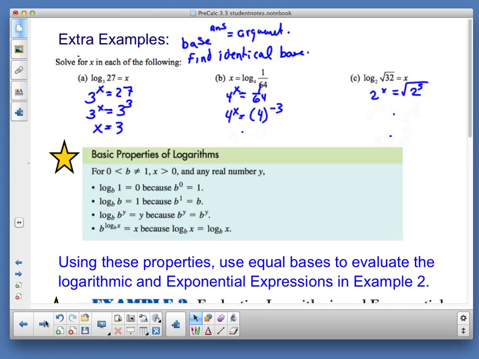But I recognize that 1/64 is 4 to the negative third power, and now I know x is negative 3. I'm trying to get like bases, so I just set the exponents the same, because if the bases are the same, the exponents are the thing I have to solve for.